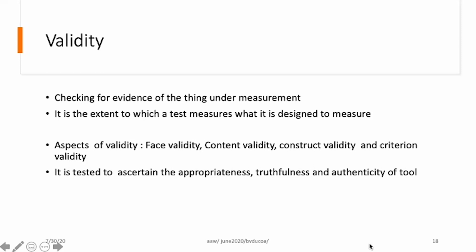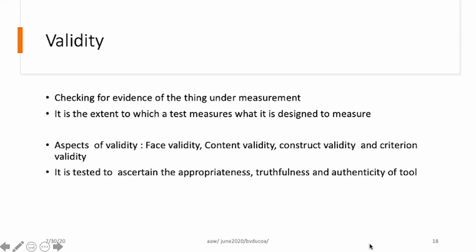But the aspects of validity are face validity, content validity, construct validity, and criterion validity. Each aspect is important from a research perspective, and there are many good books and presentations available to check all of these.